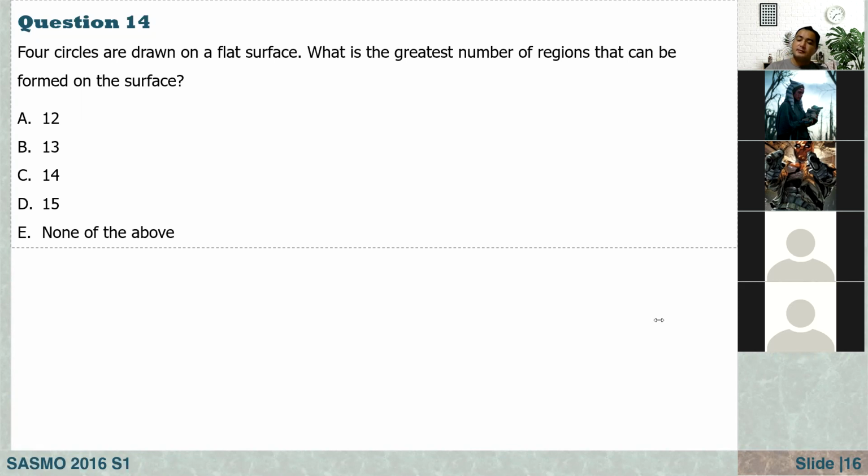I mean, you're trying to solve this mentally without drawing anything on the paper? Can you say the correct answer? The correct answer is 14. How? I got 12.